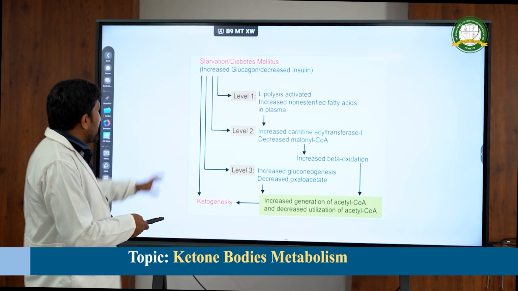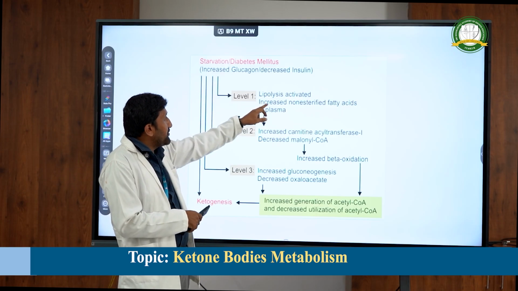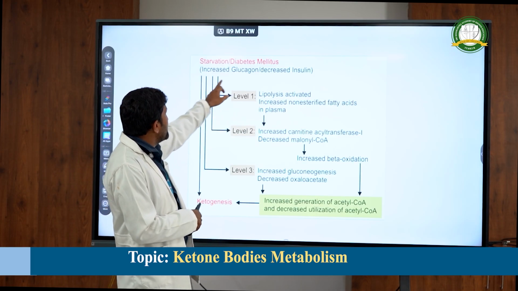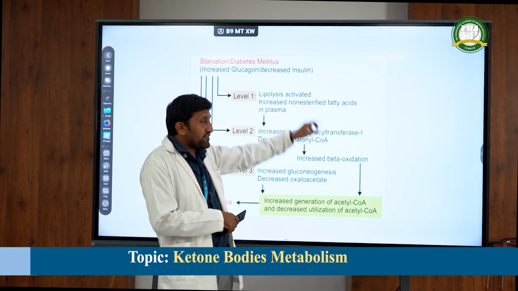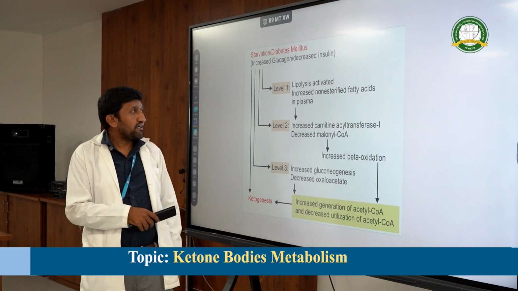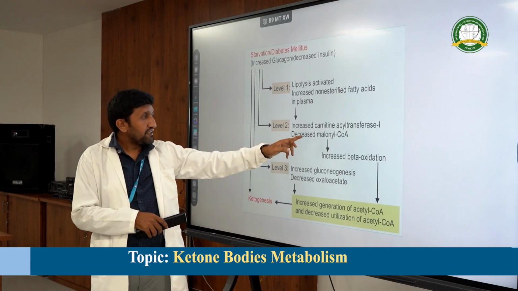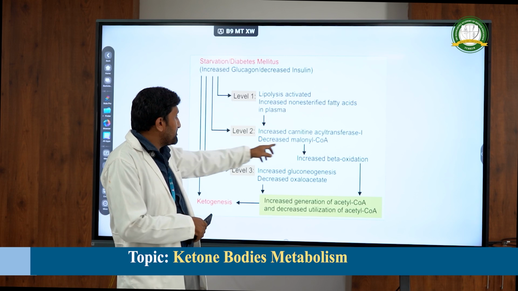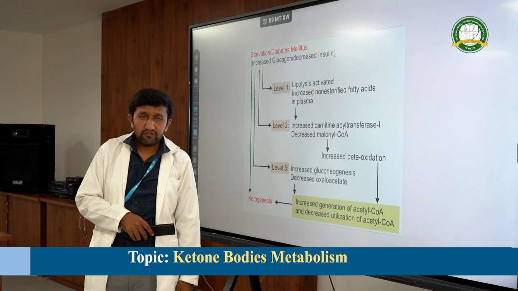So this is a graphical representation. You can see that with increased glucagon and decreased insulin, lipolysis will be activated because of glucagon, and fatty acids will increase in the plasma. The second step is increased carnitine acyltransferase and decreased malonyl CoA, which causes increased beta oxidation.